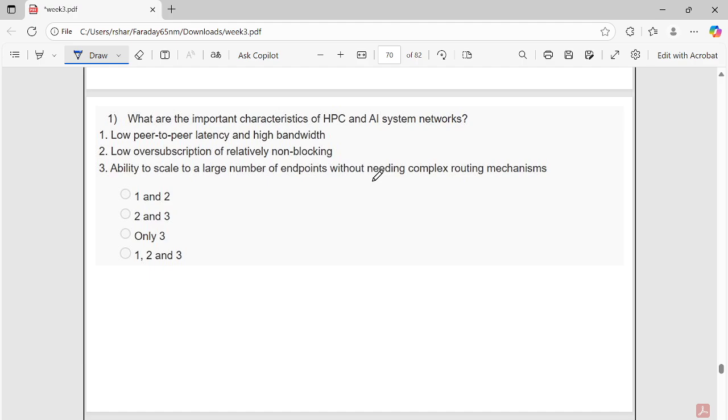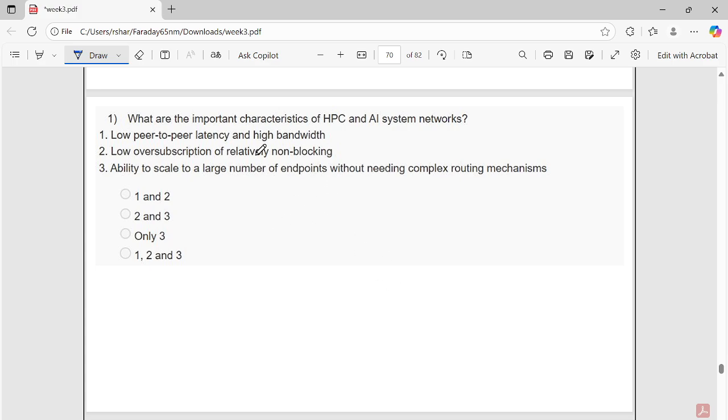Which are the important characteristics of HPC and AI system networks? Low peer-to-peer latency and high bandwidth, which is critical for fast data exchange and efficient processing.